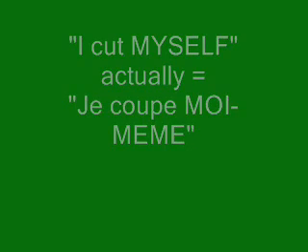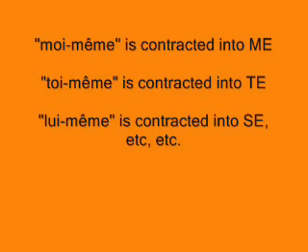The contracted form for moi-même is me, toi-même, te, lui-même, se, elle-même, se. There is also a neutral form for lui-même and elle-même, which is soi-même. But don't worry about it now.